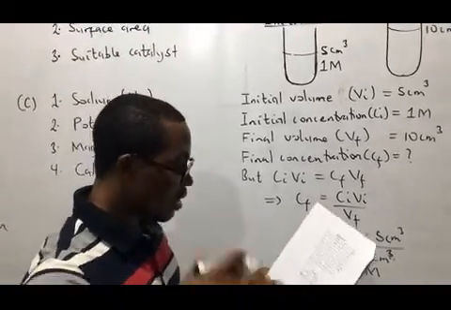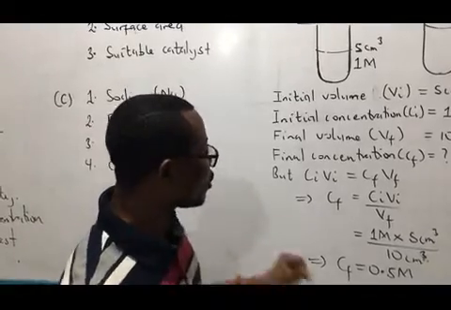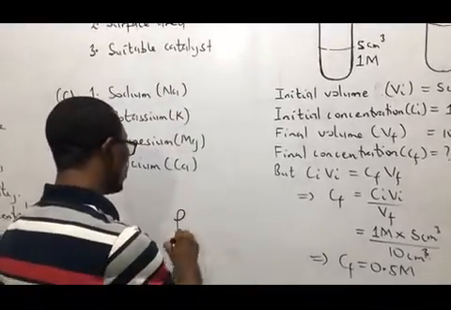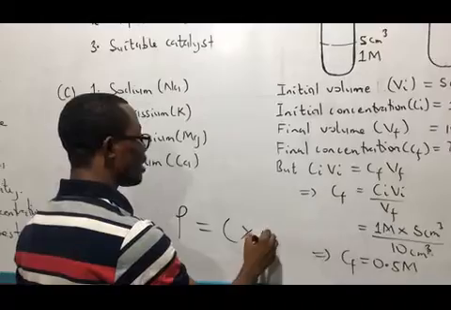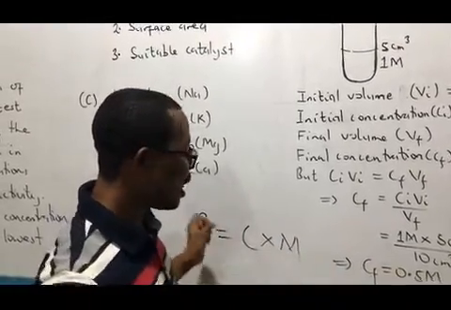But it says the concentration in gram per dm cube, which is the mass concentration. So I told you for you to find the mass concentration, which is rho, your rho is C times M. So we have calculated for the C. So we look for the molar mass and then we use it to multiply.